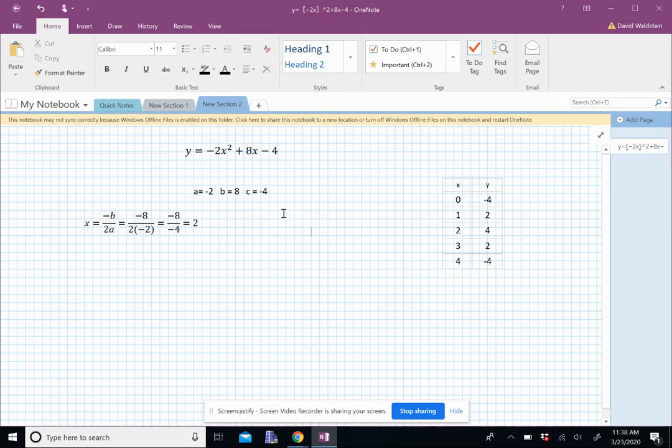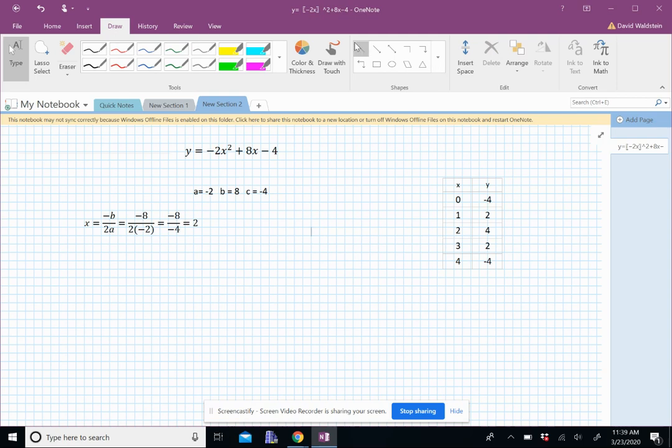All right, now that we have our table, we need to make a graph. So let me draw my axes. So there's my y-axis and my x-axis, looking gorgeous.